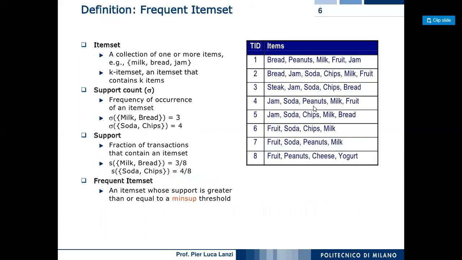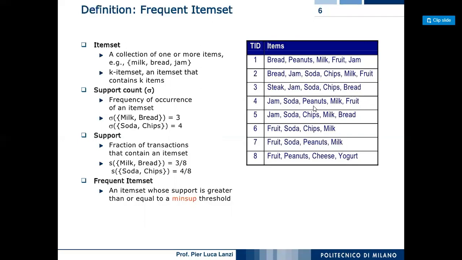So first, we shall define the following terms, which measure the frequency of the items. There is the item set. We shall list the total number of items in the list; for a k item set, there are k number of items. The most common term that comes next is support count. Support count is basically the frequency of occurrence of an item set.